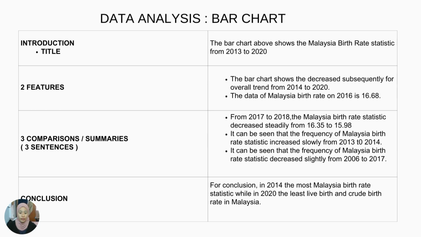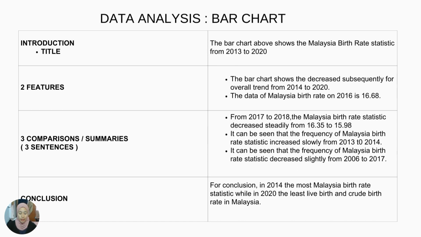From 2017 to 2018, the Malaysia birth rate statistic decreased steadily from 16.35 to 15.98. It can be seen that the Malaysia birth rate statistic increased slowly from 2013 to 2014. It can be seen that the Malaysia birth rate statistic decreased slightly from 2016 to 2017.